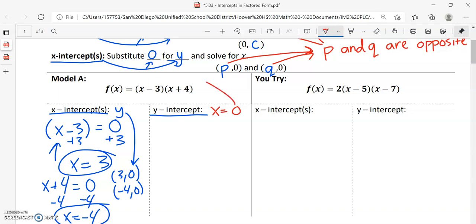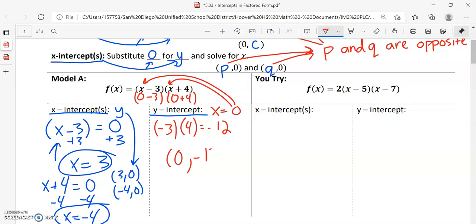So we substitute 0 in for both of our x's, and we do the math. 0 minus 3 is negative 3, 0 plus 4 is 4, negative 3 times 4 equals negative 12. And remember, our x value is 0, so our coordinate would be (0, negative 12).